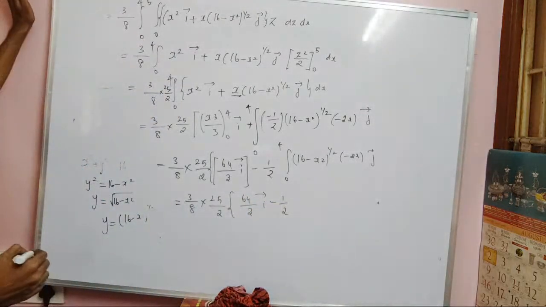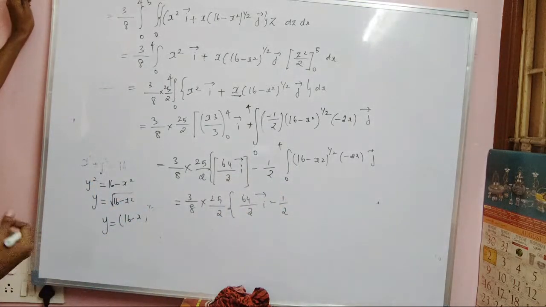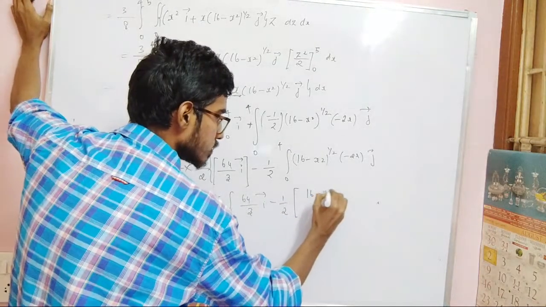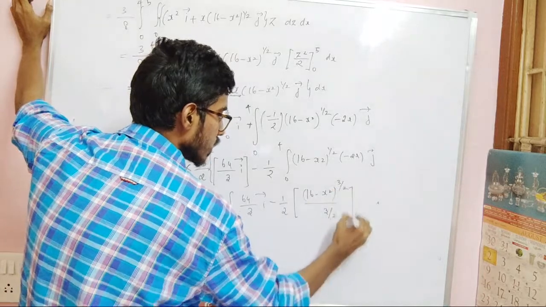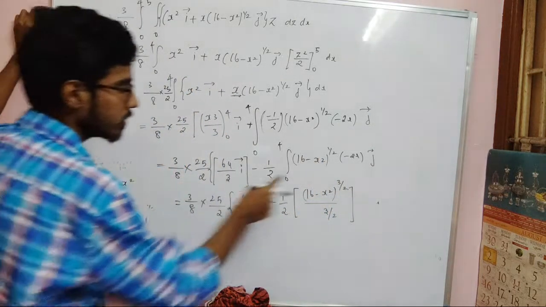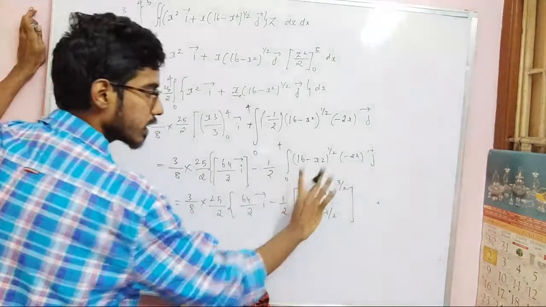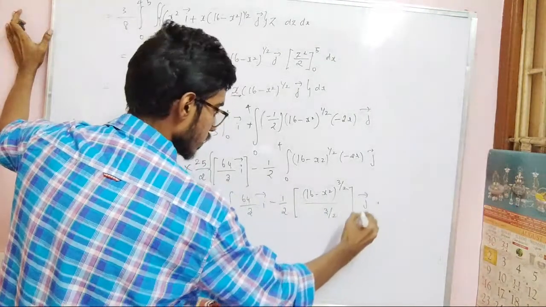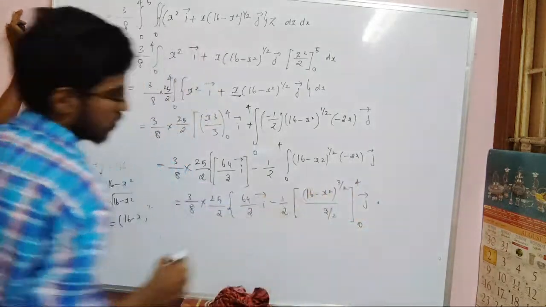When I integrate this, it will be 16 minus x square whole power 3 by 2 by 3 by 2. I don't need to use UV here, because the derivative of this is minus 2x. So it is enough to only integrate this term into j vector. The limit is from 0 to 4.